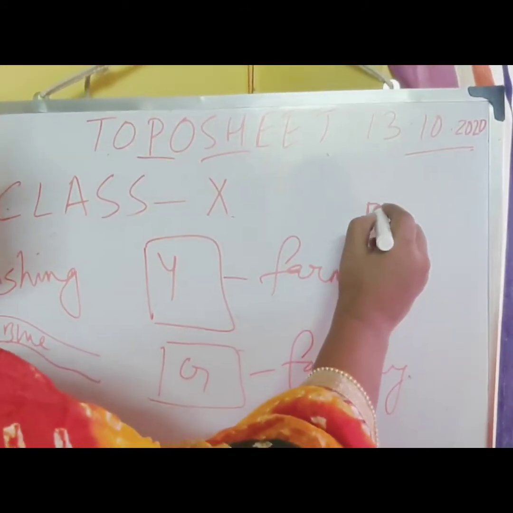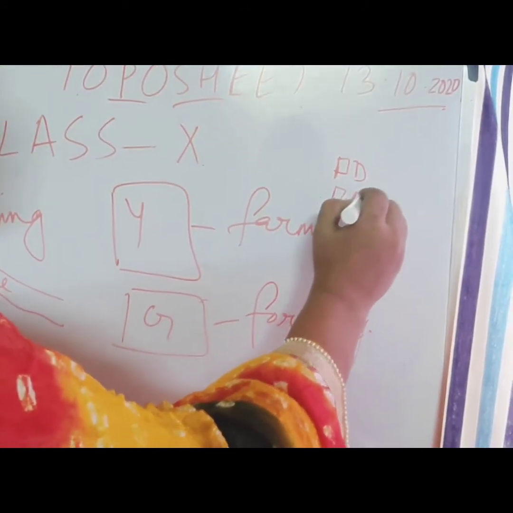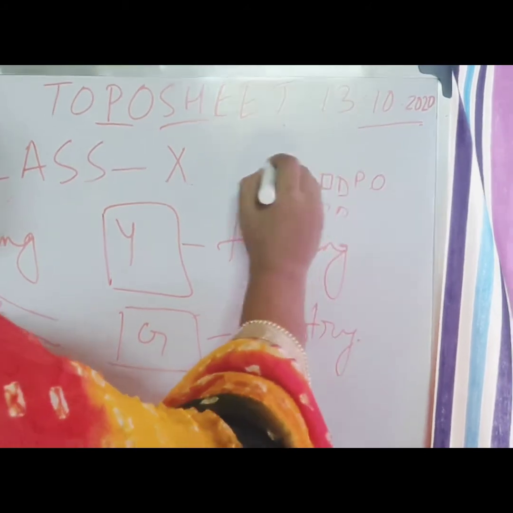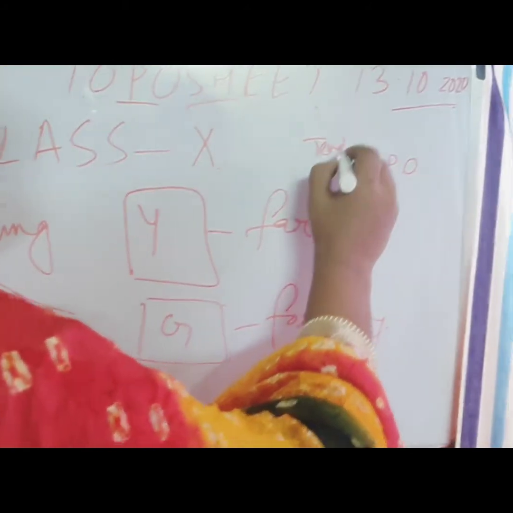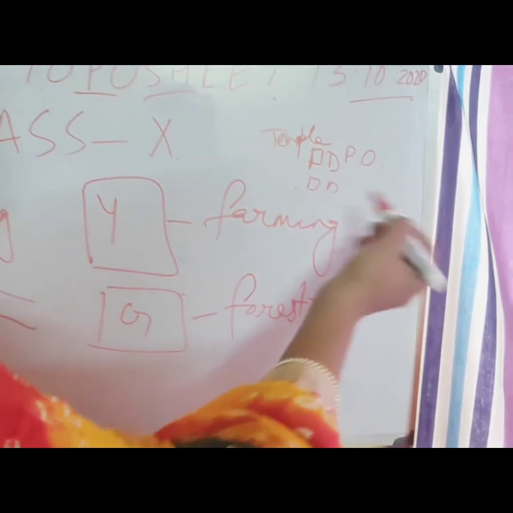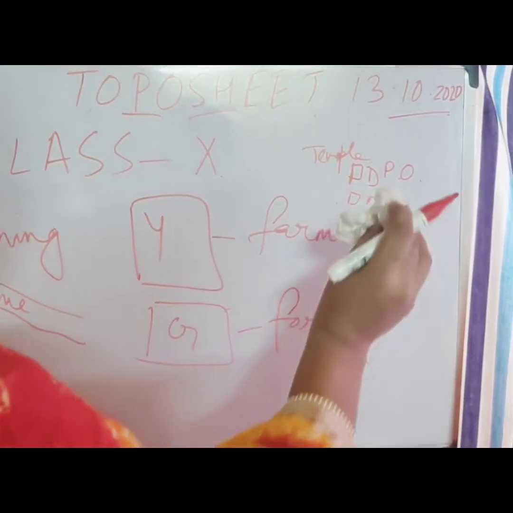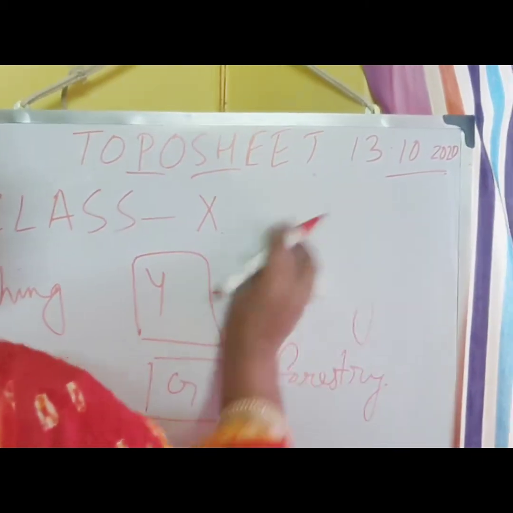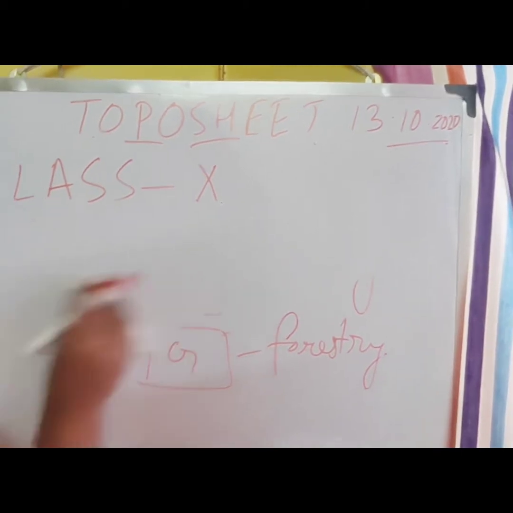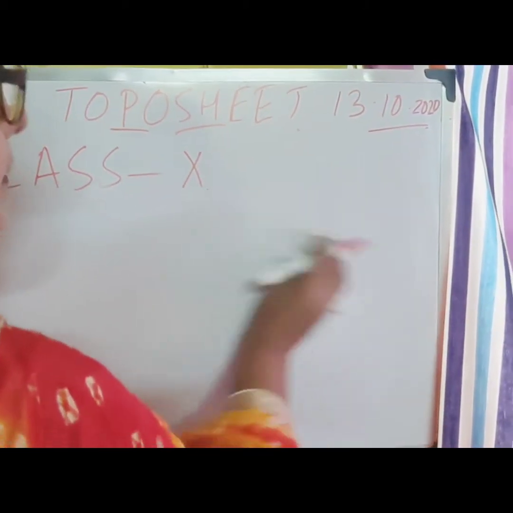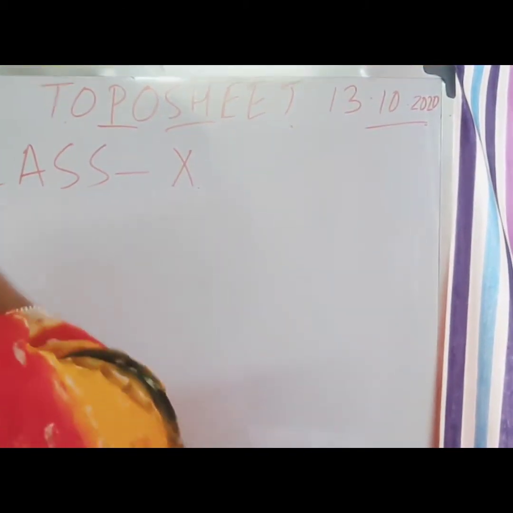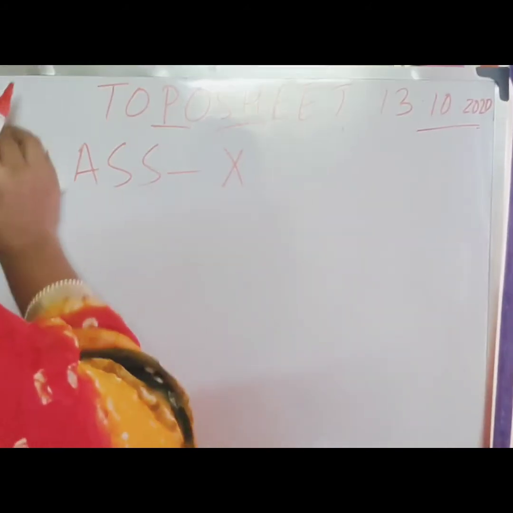Besides this, if there are temples or the post office, then people are engaged in the temple or they are engaged in the post office. Okay, so this is all about the occupation, about the people living in the area depicted by the topo sheet.